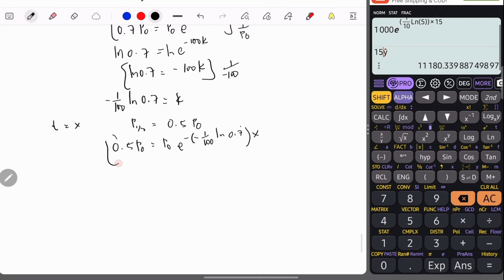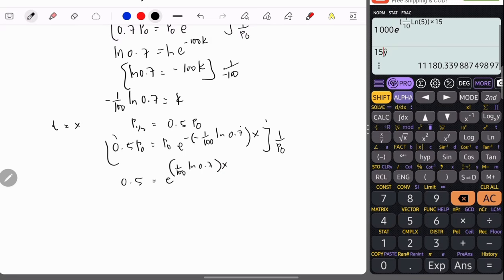So, divide both sides by P sub O. So, 0.5 equals e to the 1 over 100 ln 0.7 times x. This is now positive because negative times negative is positive.